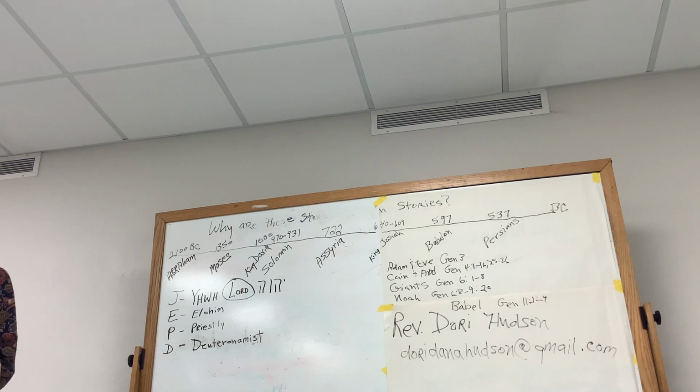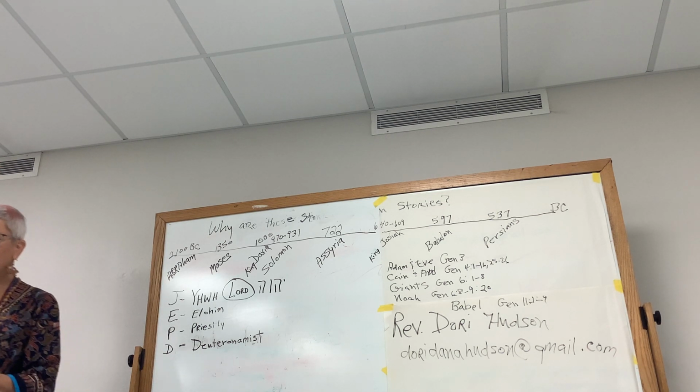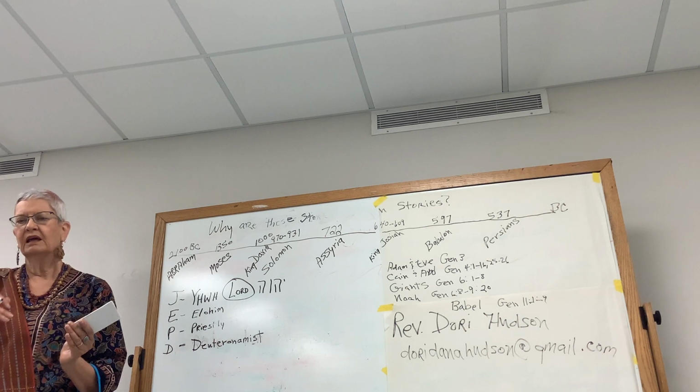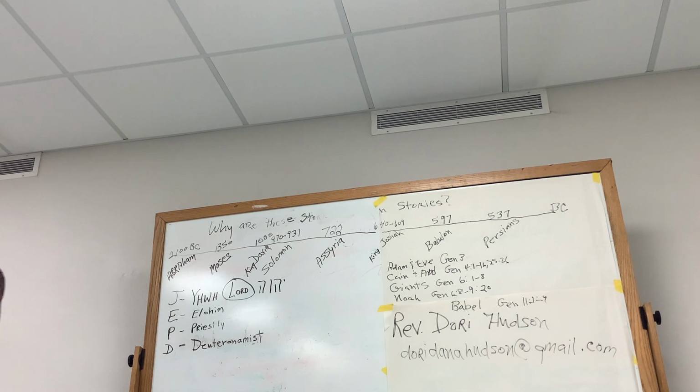So you can look at these things. It also has distinctive theology. The J documents are very king-oriented, leadership-oriented, where the Elohim documents involve the whole people in the leadership.